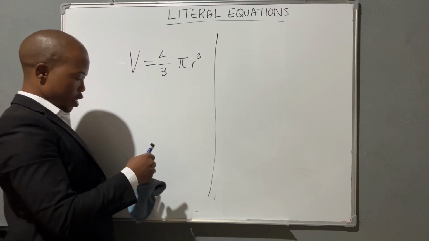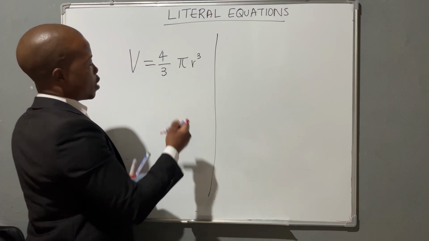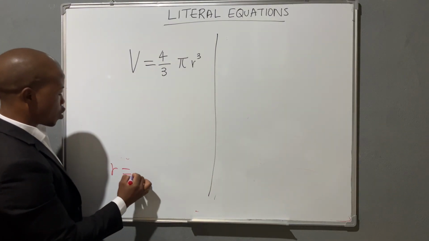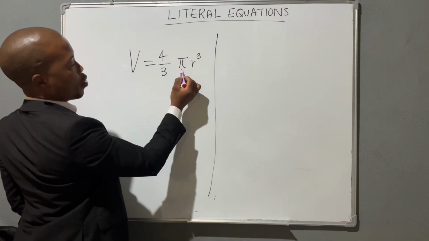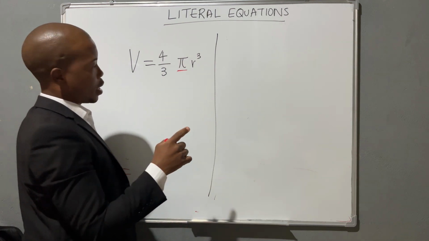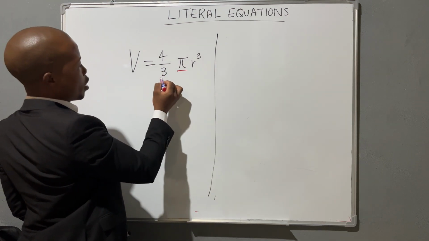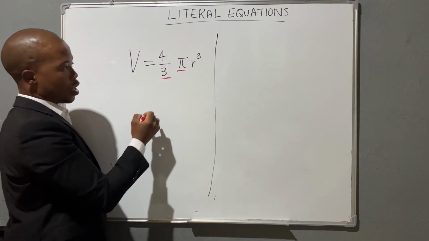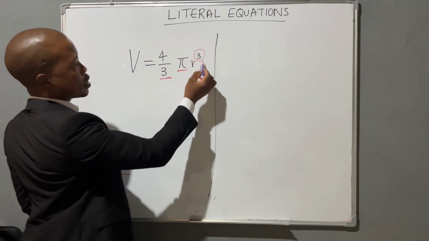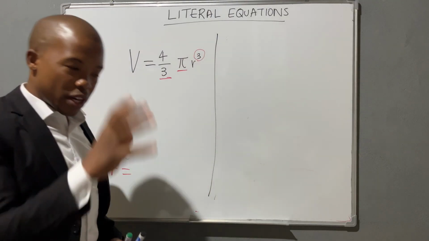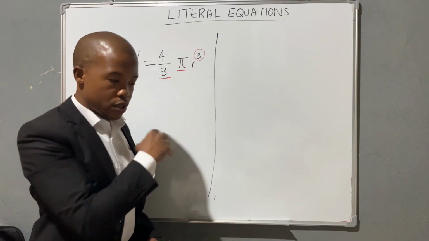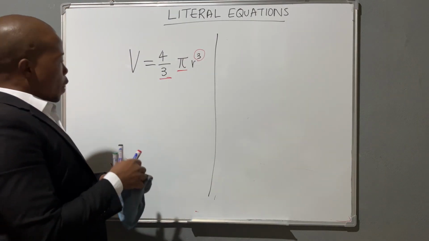For example, here we are saying for us to end up with just R equals, right now it is being disturbed by the pi, also by the 4 over 3, also by this exponent 3. We need to find a way to get rid of those things, right?